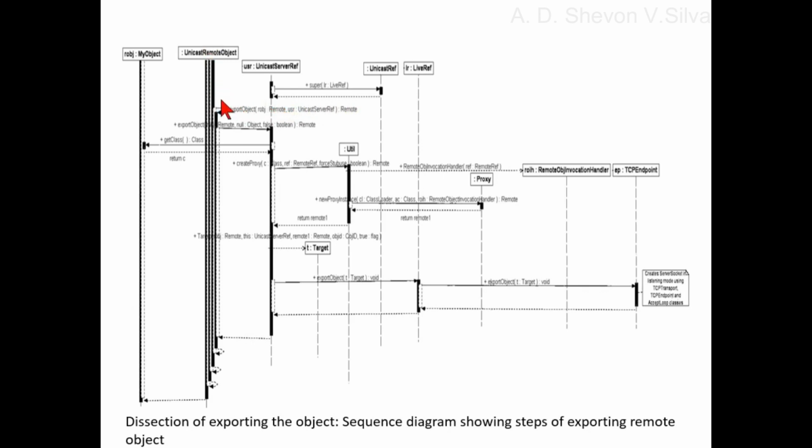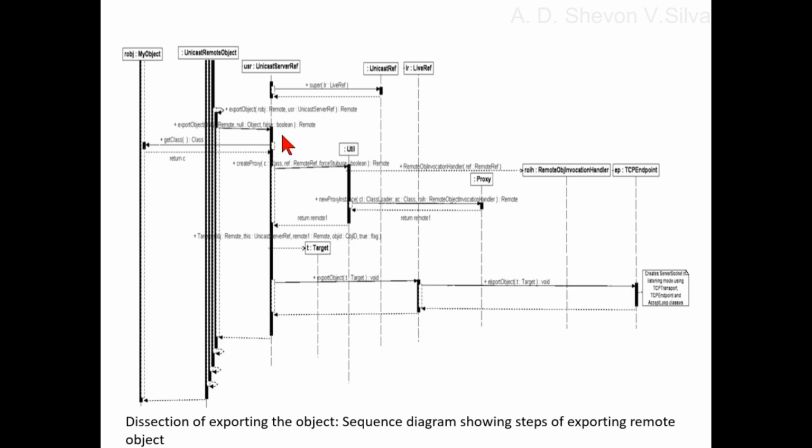And here unicast remote object is connected to RObj remote, USR unicast server ref, and returns remote. Here unicast remote object is connected to USR unicast server ref, export via export object remote null object false boolean, returns remote.